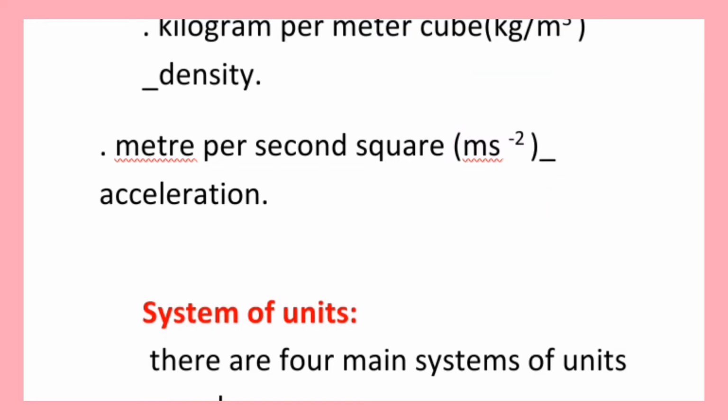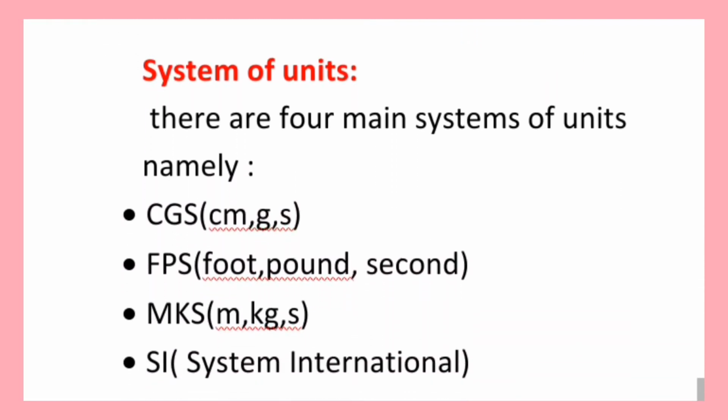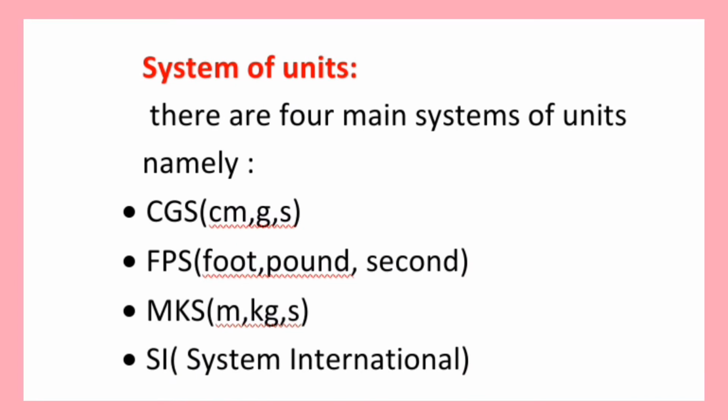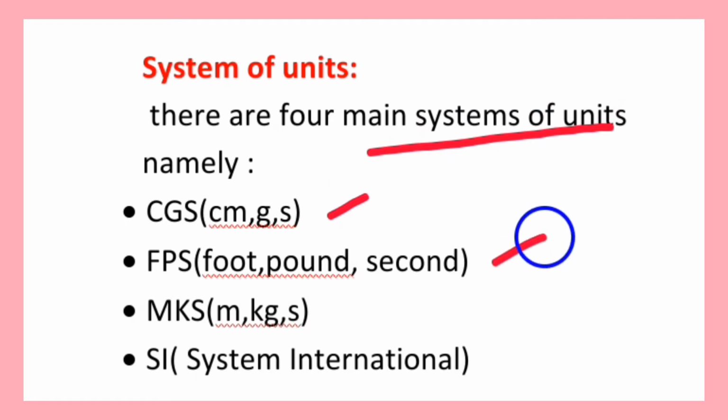As we move further to systems of units, these units are mainly classified into four types. There are four main systems of units, namely CGS system, FPS system, MKS system and SI system. So let us check out what these are in detail.